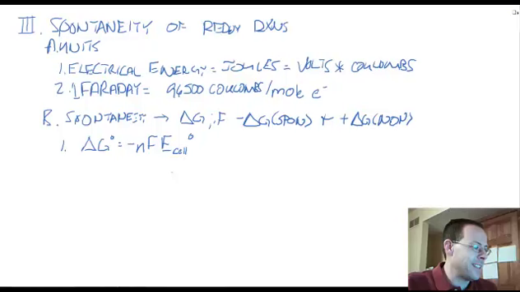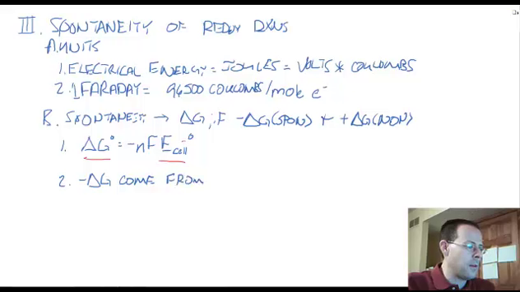That relates E to G for us. So with that relationship, we can easily see that negative delta G values come from positive E cells.